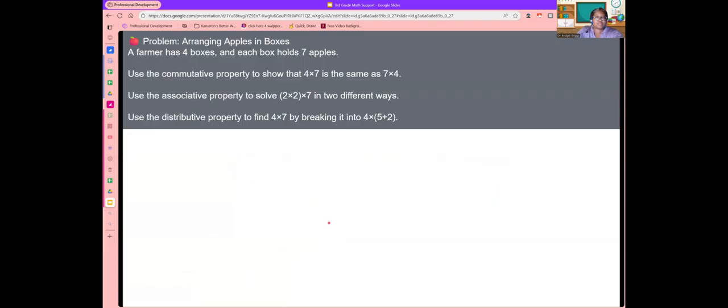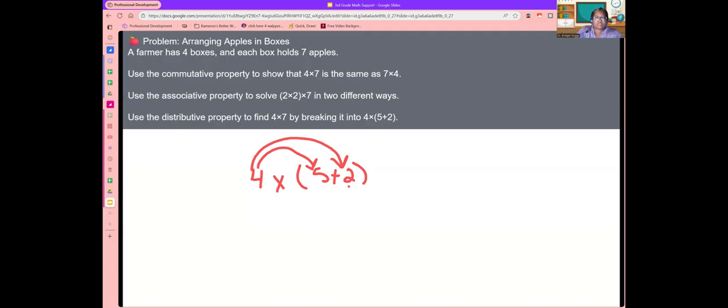Last one, the distributive property. We're going to find 4 times 7 by breaking it into 4 times, in parentheses, the sum of 5 plus 2. So let's write what we have. 4 times, parentheses, 5 plus 2, close parentheses. Whenever we're using the distributive property, we are multiplying whatever's on the outside by everything that's on the inside.